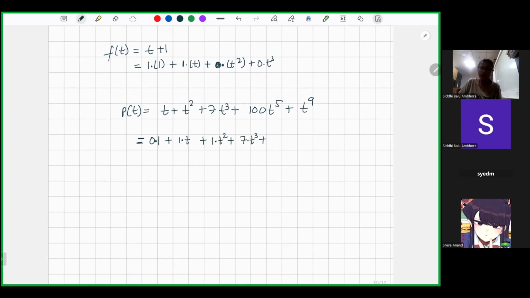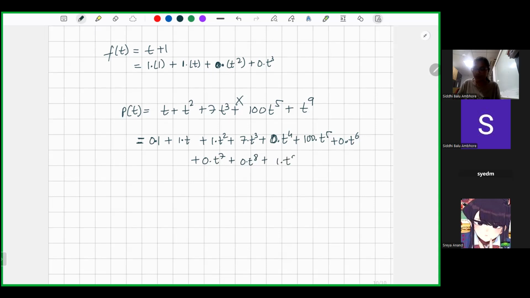plus, now there is no t power 4 here, so this will be 0 into t power 4 plus 100 into t power 5 plus 0 into t power 6, because there is no power of 6 here. 0 into t power 7 plus 0 into t power 8 plus, now t power 9 has a coefficient, that is 1.